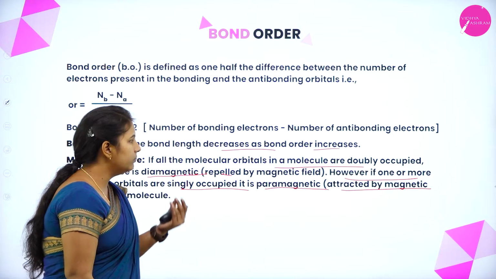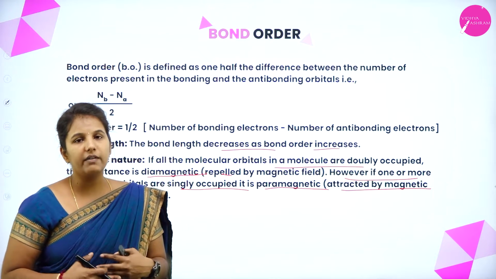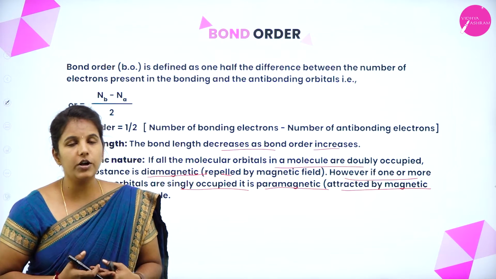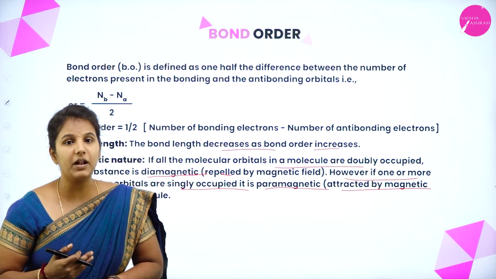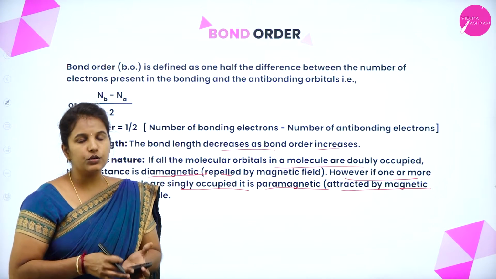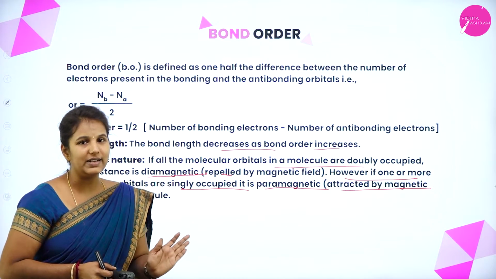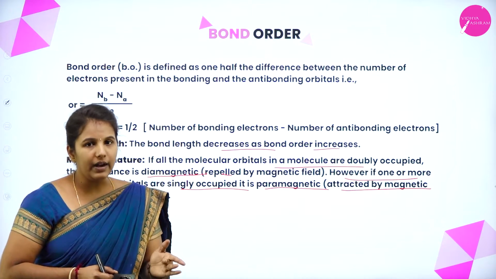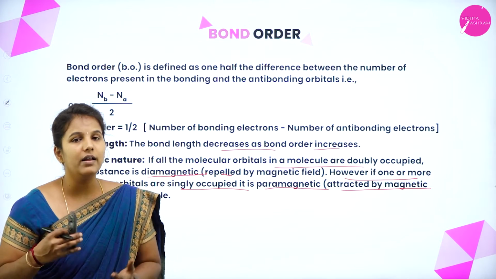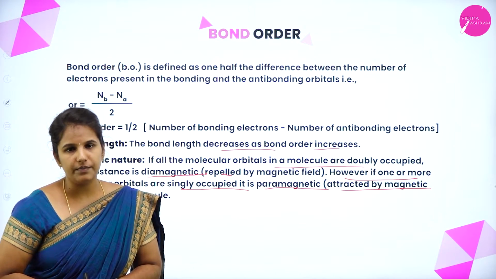If there are no singly occupied orbitals, such substances are also known as diamagnetic because they repel from the magnetic field. So these three things we can easily decide: bond order, bond length, as well as magnetic character, based upon the electron distribution.